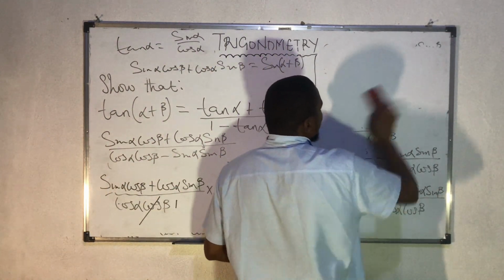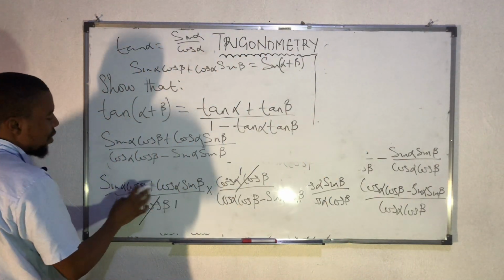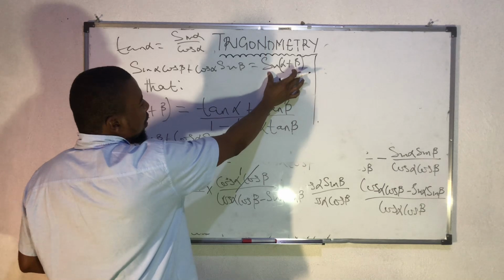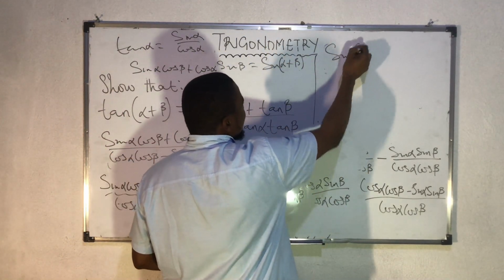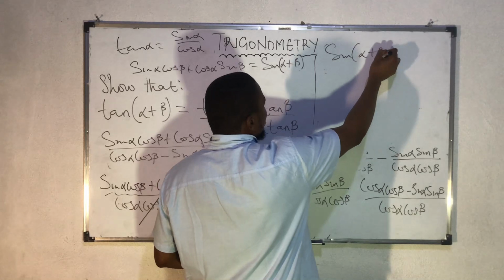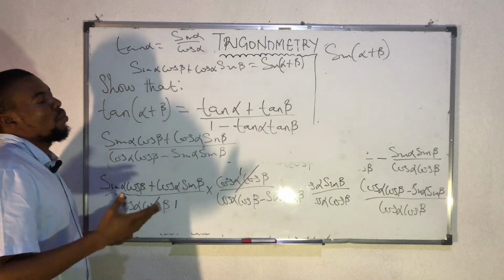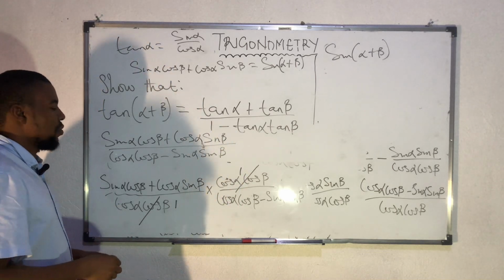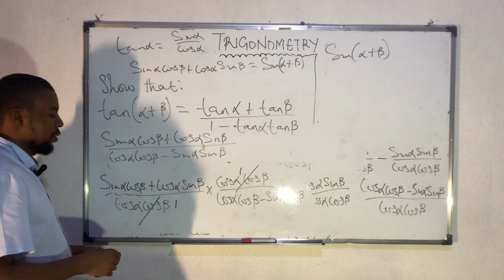Permit me to write it up here. Since we have sine alpha cos beta plus cos alpha sine beta, which is equal to sine alpha plus beta in bracket, we're going to now write sine in bracket alpha plus beta. This is a sum and difference identity which you need to know, and it's really important whenever you are proving trigonometric identities or simplifying trig expressions.